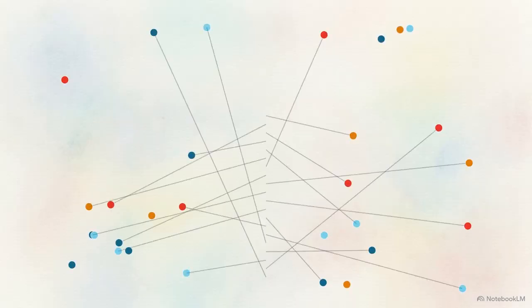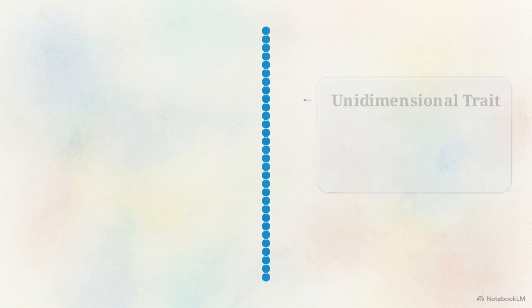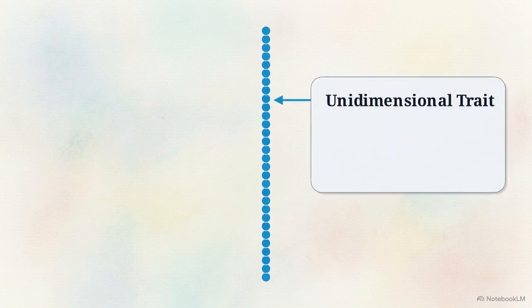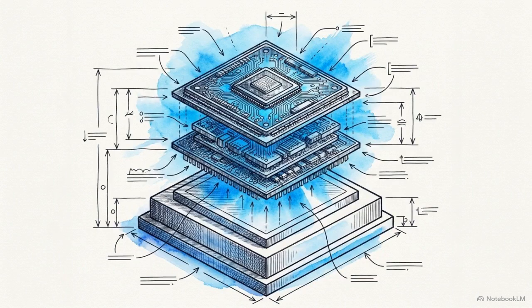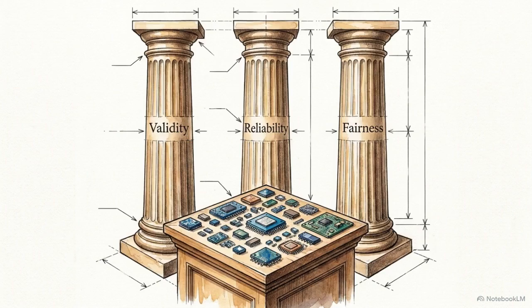But for this digital sorting to function, every item must be tethered to a single broad variable, known as a unidimensional trait, like a student's overall reading capability or general math mastery. The efficiency of an algorithm is impressive, but computer adaptive technology alone does not inherently guarantee an assessment is valid, reliable, or fair.